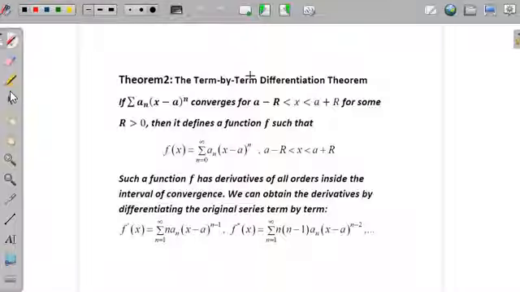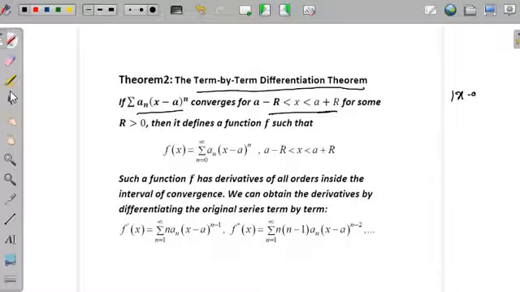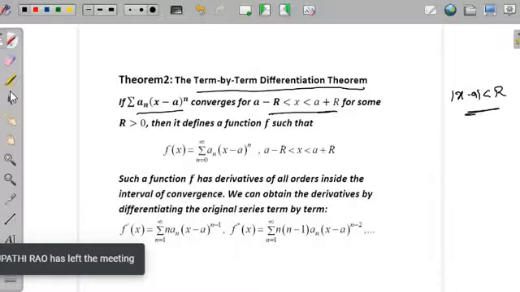Term by term differentiation or term by term integration. So let's try to understand what it says. So you have a power series and you know it is convergent for this interval where mod x minus a is less than r. So here it is convergent.